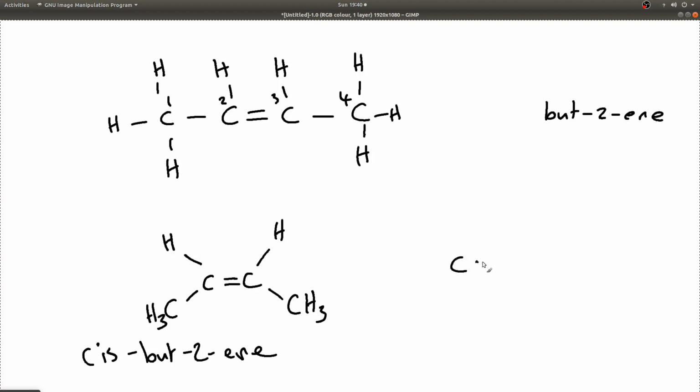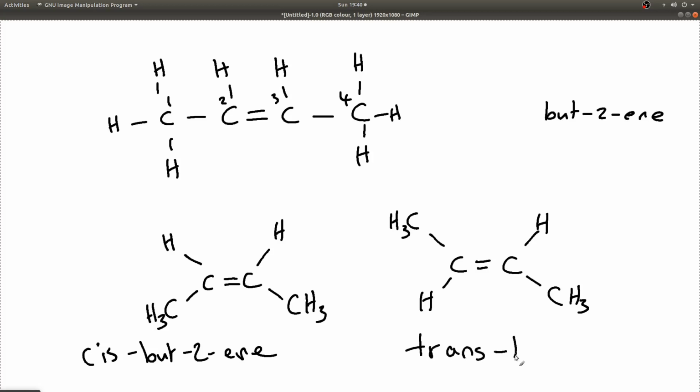What we could actually do is form a trans isomer where this time the hydrogens are on the opposite sides of the double bond, and again, because the double bond prevents rotation, we can't rotate this into this molecule. So these two are different. There's the cis isomer and there is the trans isomer, trans-but-2-ene, and there we go.